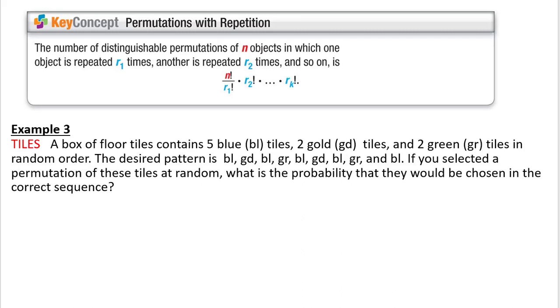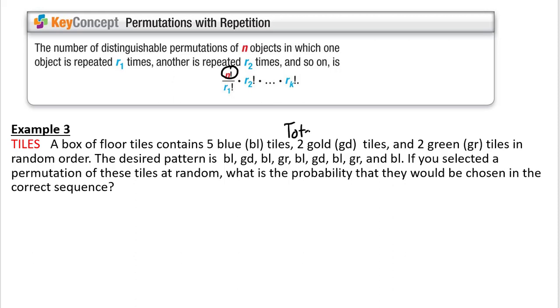Okay, permutations with repetition. So if things repeat, a box of floor tiles contains 5 blue, 2 gold, 2 green tiles in a random order. So this n factorial is my total amount.